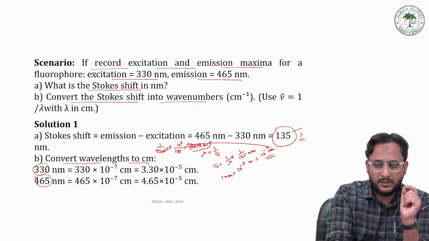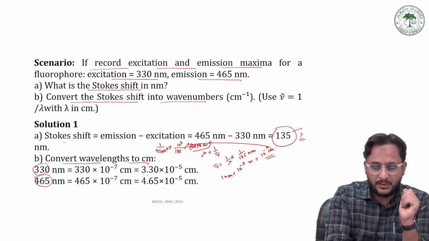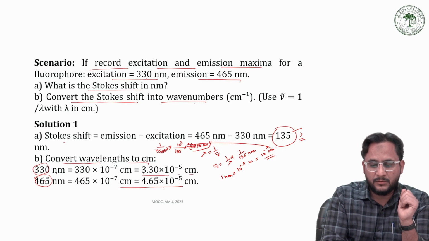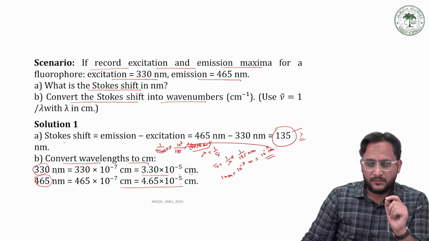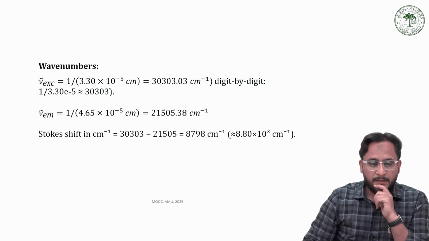is being converted to 3.3 into 10 to the power minus 5 centimeter, and again 4.65 into 10 to the power minus 5, converted in terms of centimeter. This wavelength has been converted into centimeter first of all.